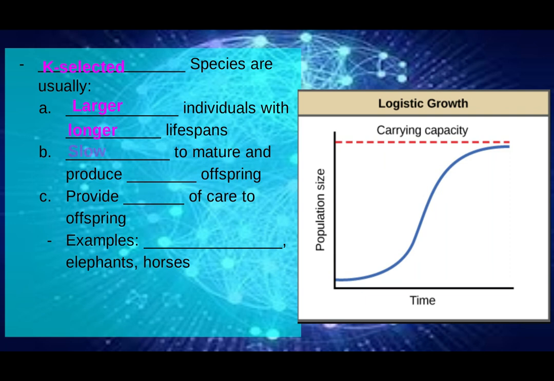They are also slow to mature and typically produce few offspring. They provide lots of care to the offspring to ensure their survival. Humans are a perfect example of this, so are elephants and horses. And so things that are slow to increase their population size and then they kind of max out would be your K-selected species.